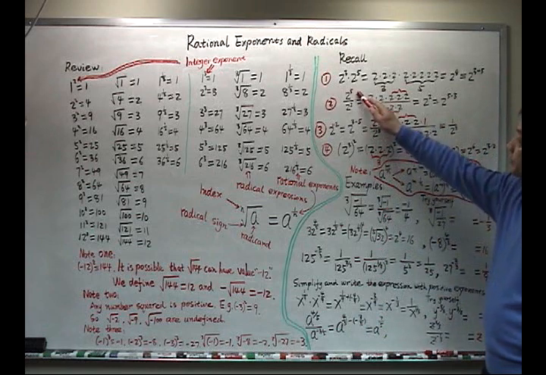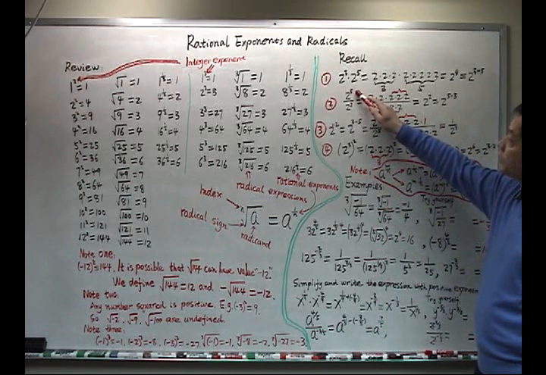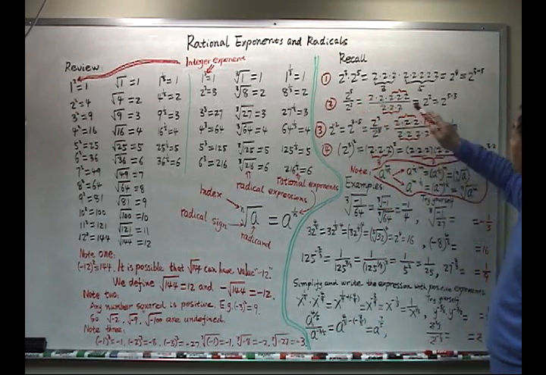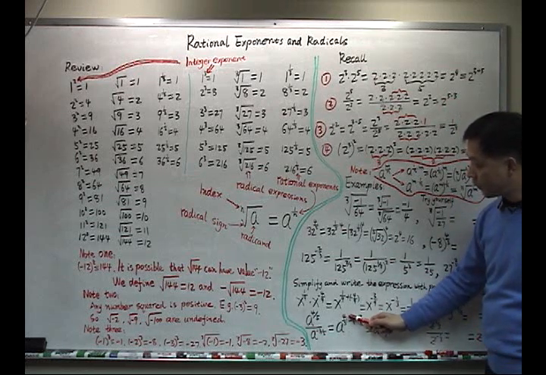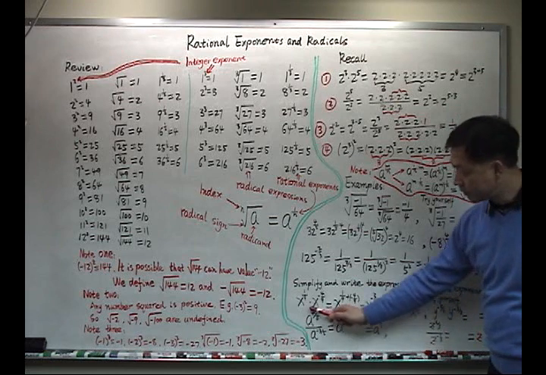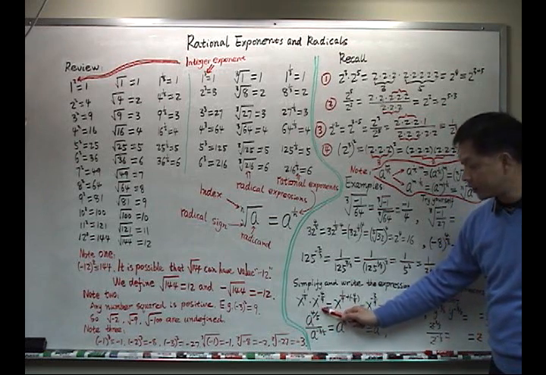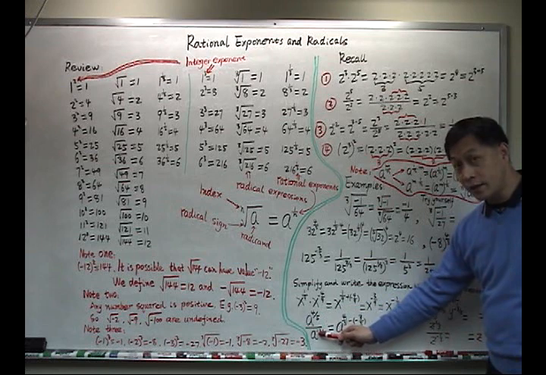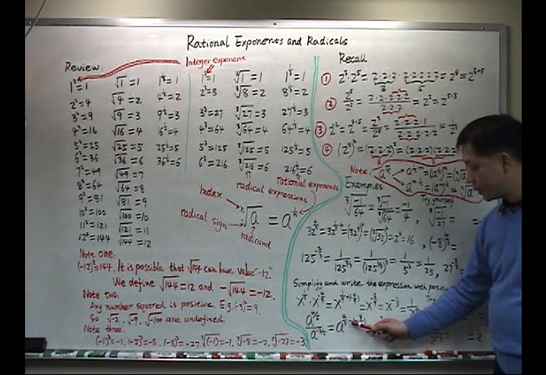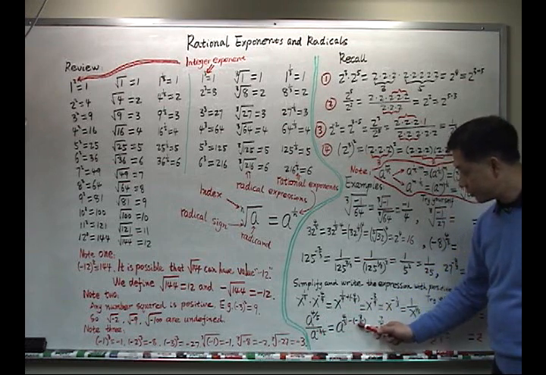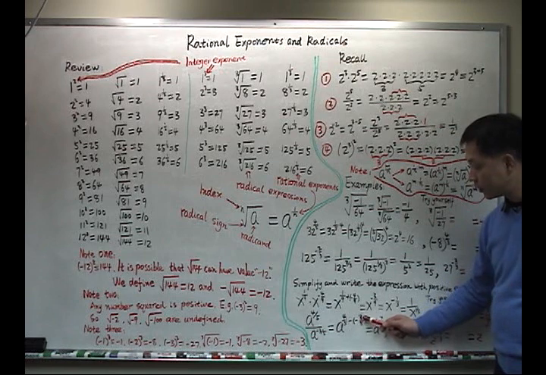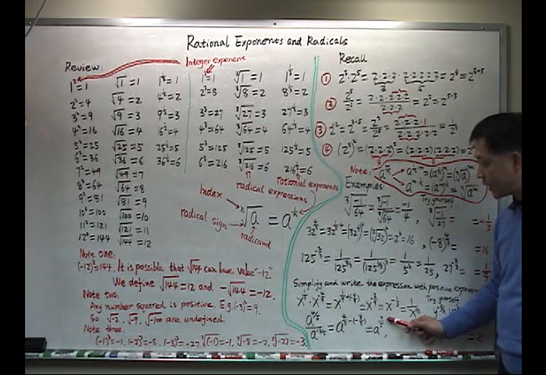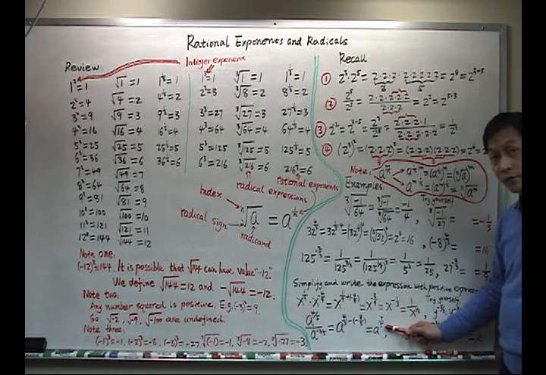When we do division, you want to subtract the exponents. Here we do 4/5, the upstairs exponent, minus the downstairs exponent, minus negative 3/5. We know negative comes to be positive. So you have 3 plus 4, which is 7, and then 5 we will keep.